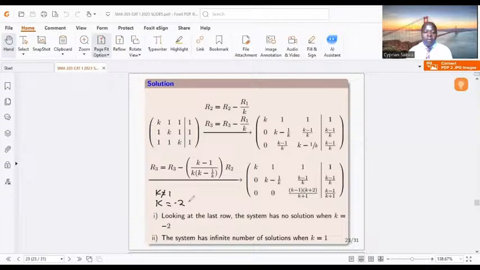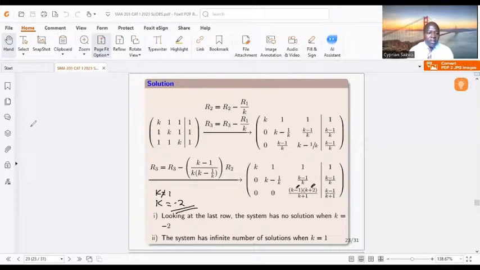That means the system would have no solutions when k is -2. And somebody will be asking, why did I get -2? I look at this numerator, which is already factorized, and equate it to 0. You find that k will be 1, and this part k will be -2. That's how I got -2.